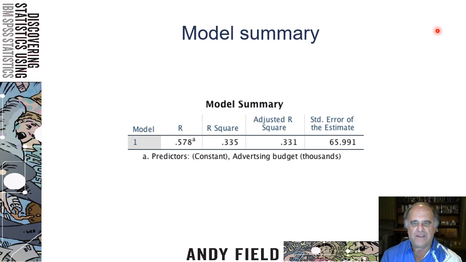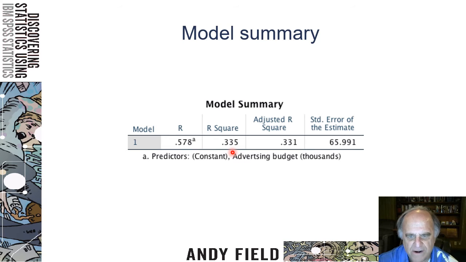Again, this is from Field, and this is a simple regression. So we have a simple one variable model. Although actually, we have 2 parameters we're estimating, the constant and the beta weight for the advertising budget. So we're actually estimating 2 things. You can see predictors are constant and advertising budget. The R is 0.578, which would correspond to the correlation between advertising budget and sales.